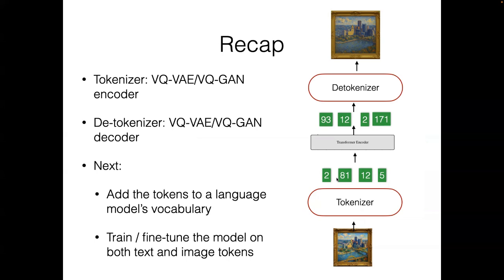Then we could take data which has both text and images and tokenize it all and then just learn a model on all of this data. It could then generate both text and image tokens, and then we can use this detokenizer to turn them into actual images.